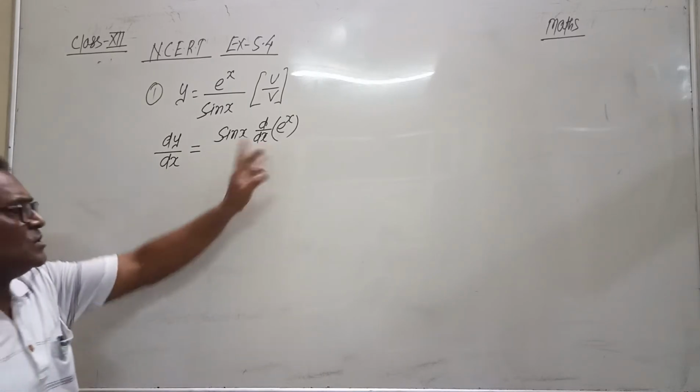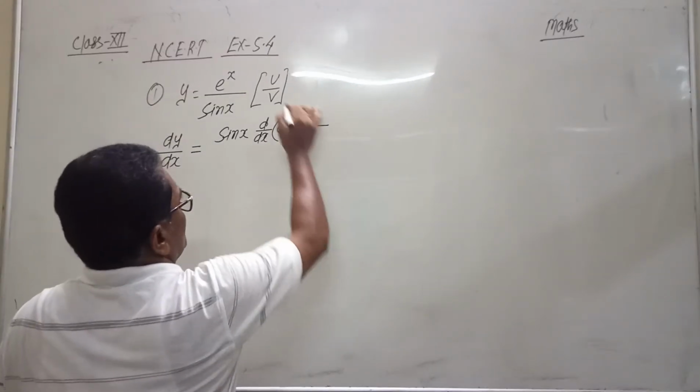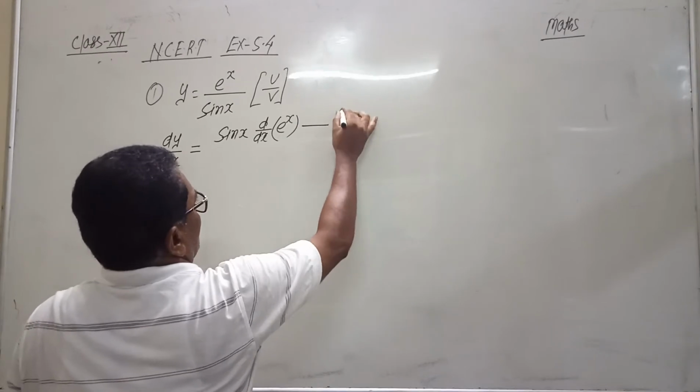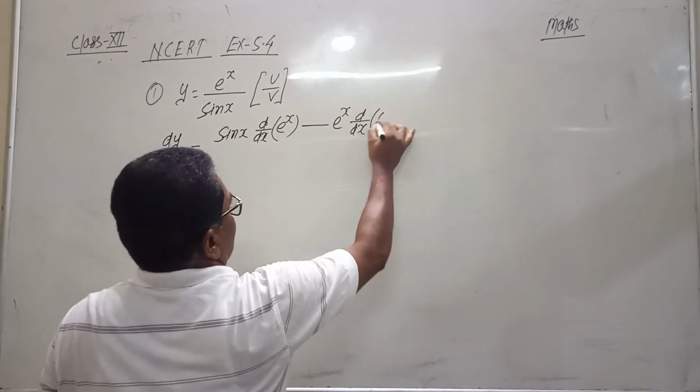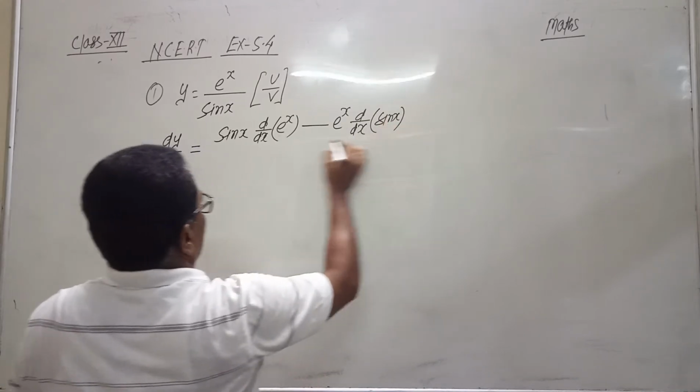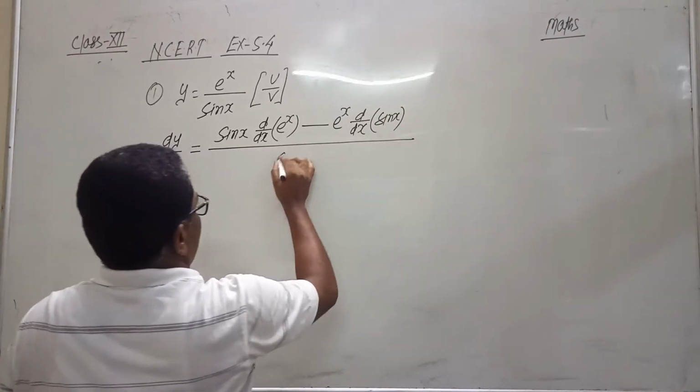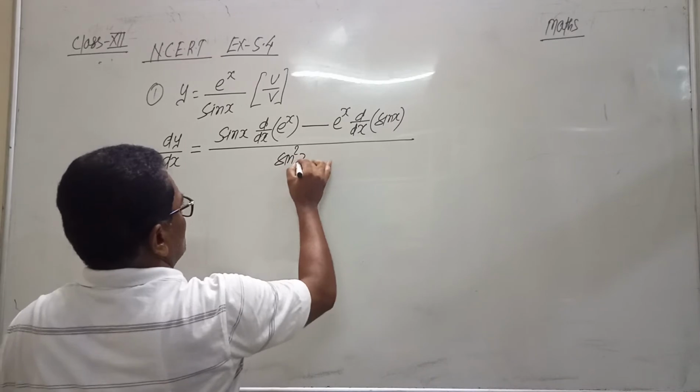So v into d by dx of u minus u into d by dx of v, means d by dx of sin x, upon v square, means sin square x.